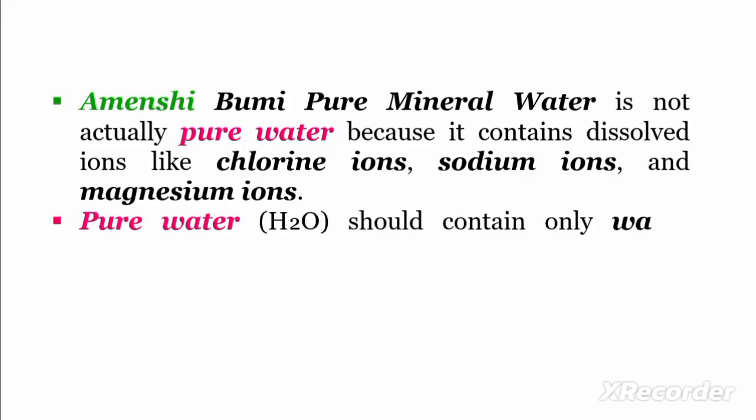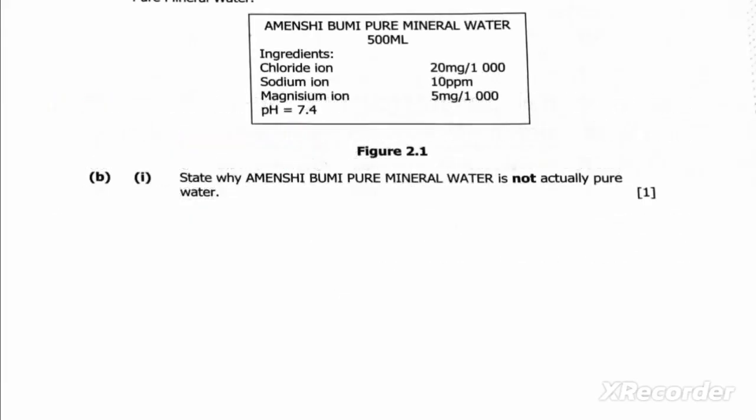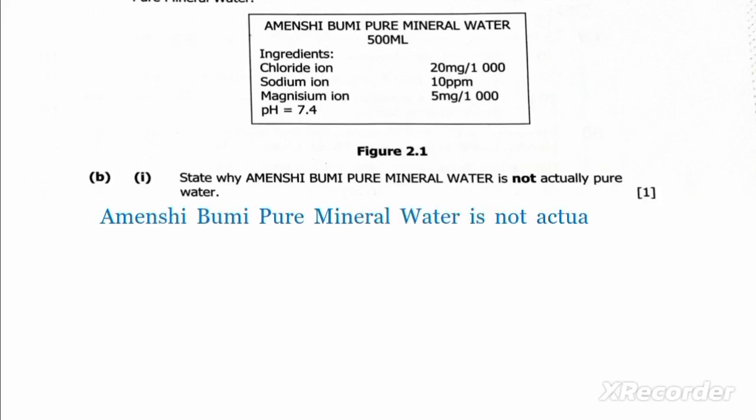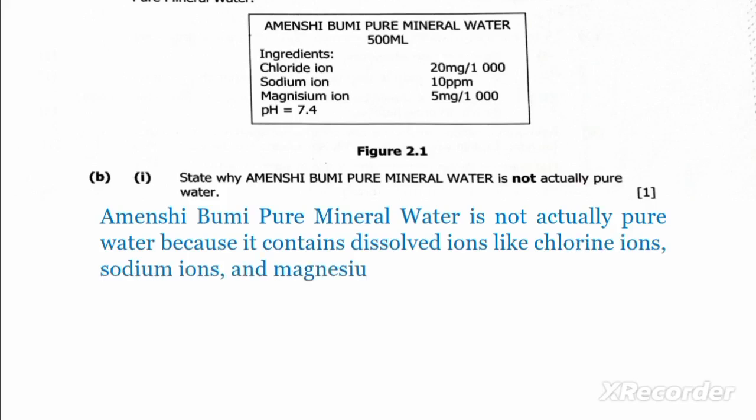Pure water should contain only water molecules with no dissolved salts, ions, or impurities. So therefore, Amenshi Vumi pure mineral water is not actually pure because it contains dissolved ions like chloride ions and magnesium ions.